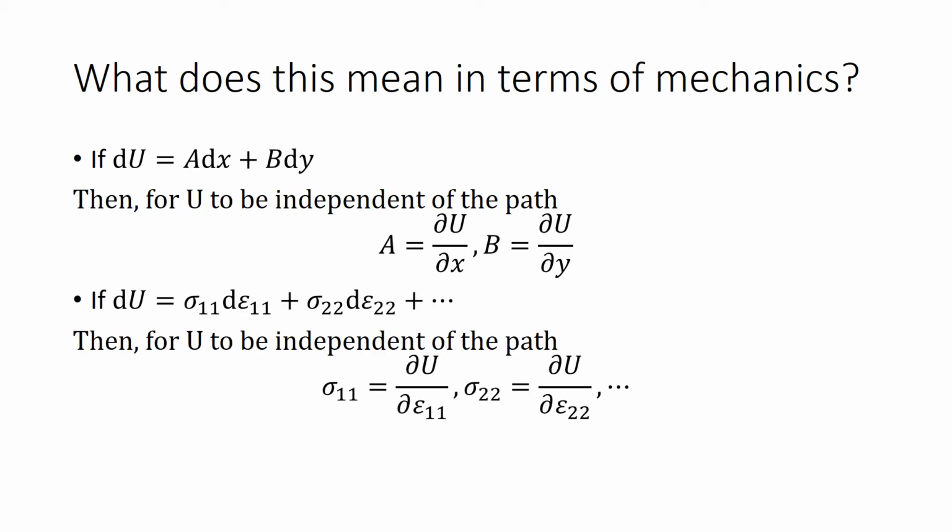When I apply this to mechanics, if the increment in the internal energy is equal to each component of the stress multiplied by the component of the strain, for example, sigma 1 delta epsilon 1 plus sigma 2 delta epsilon 2 and so on, then for the energy to be neither created nor dissipated, or to be independent of the path, the energy has to be a well-defined function of the strains, and each component of the stress has to be equal to the derivative of the energy function with respect to the corresponding strain component.